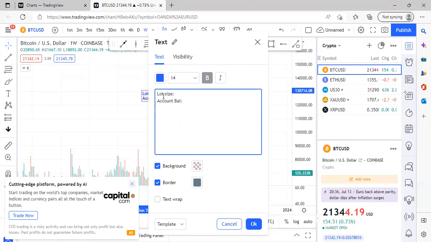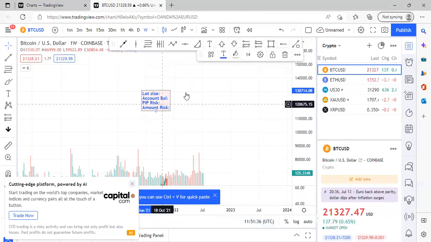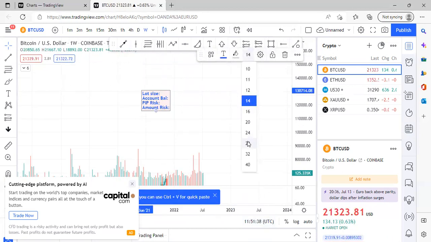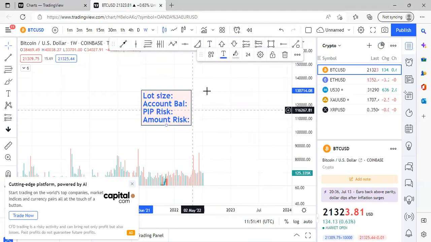After that, we'll look at the pips that you really want to risk in the market, and the amount you actually want to risk in the market. These are basically what we will be discussing.